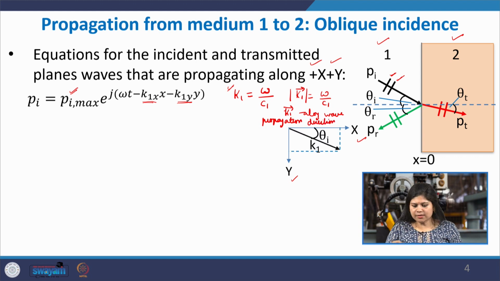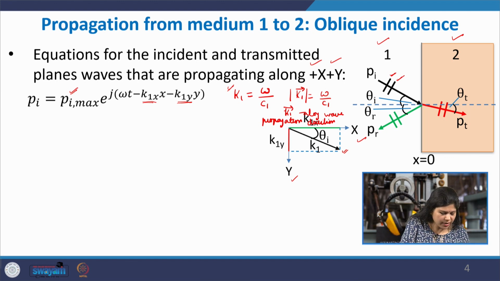As you can see, the wave is propagating at an angle of theta I with the x axis. This becomes the direction of our k1 vector, and k1x is the x component and k1y is the y component.